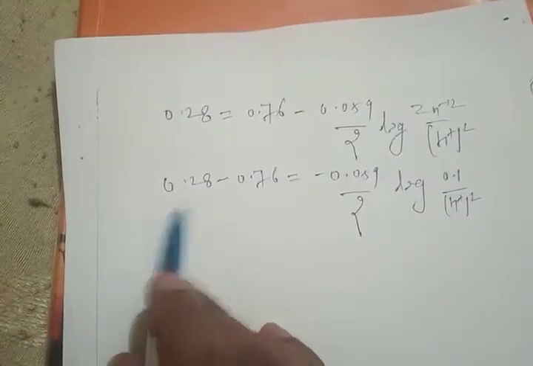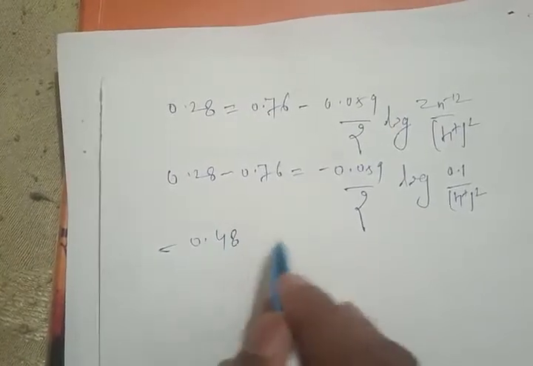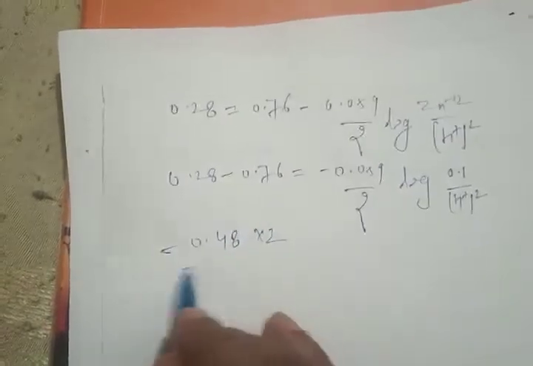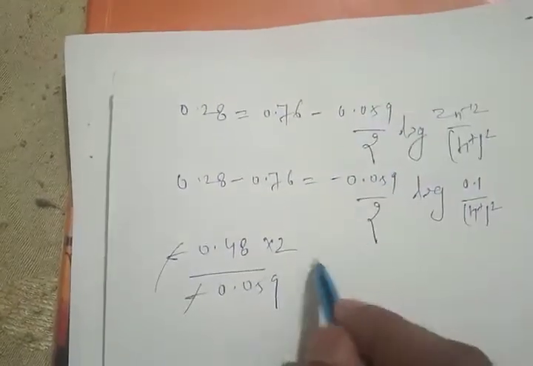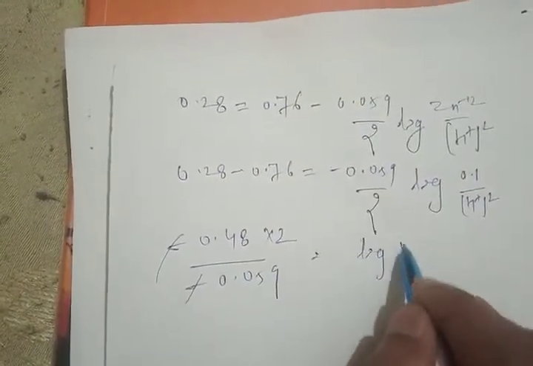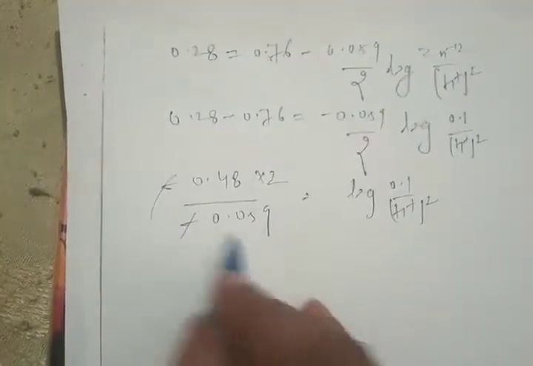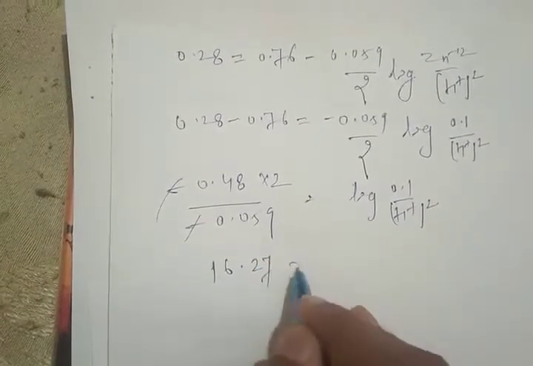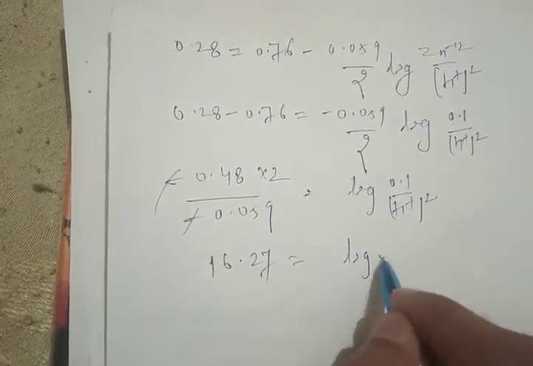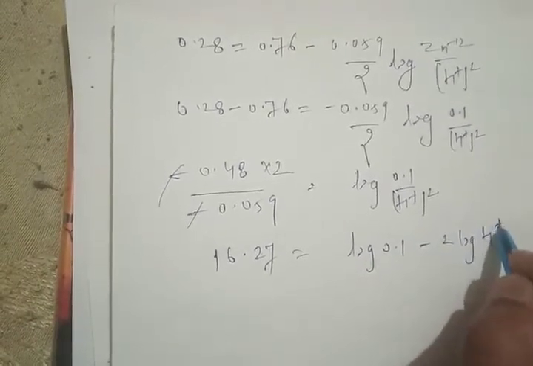So minus 0.48, this twice become this side, and minus 0.059. Here we have log 0.1 upon H plus 2. This after solution will get 16.27 log 0.1 minus 2 log H plus.